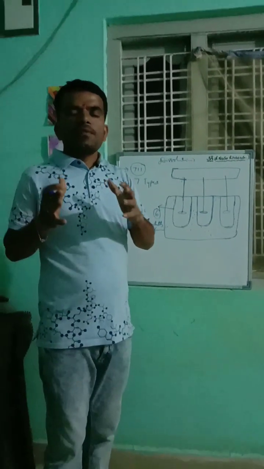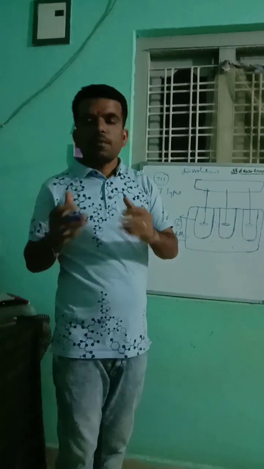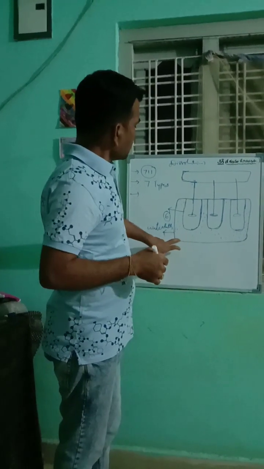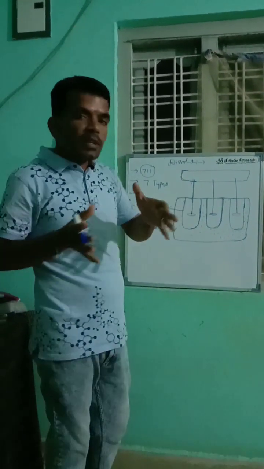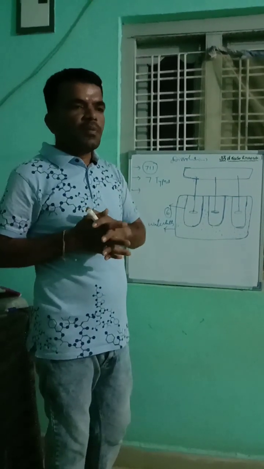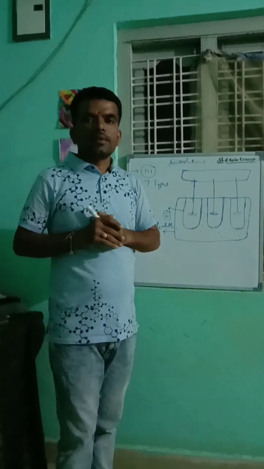Different pharmacopoeias have different parameters fixed for different types of drugs. For example, this water bath is used for maintaining the temperature. In all dissolution instruments, the temperature of the water bath is probably 37 degrees.